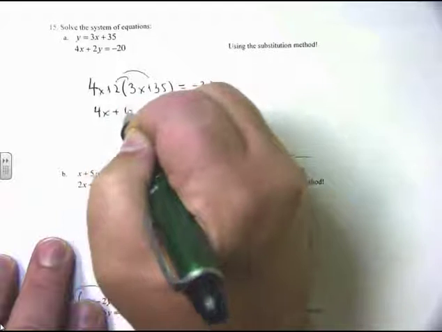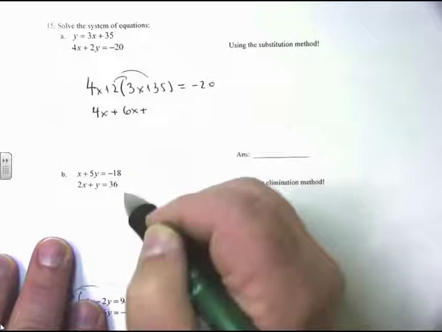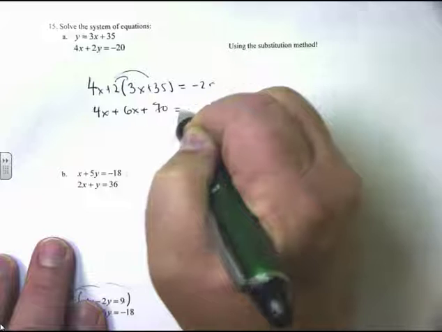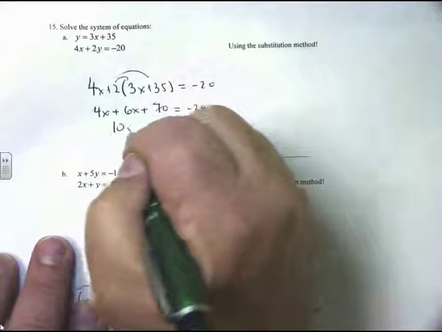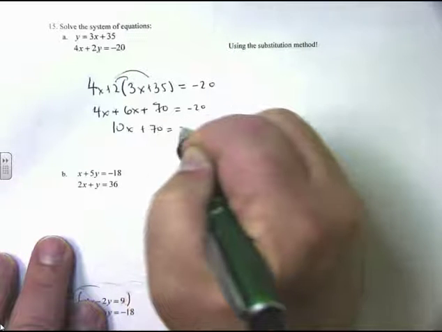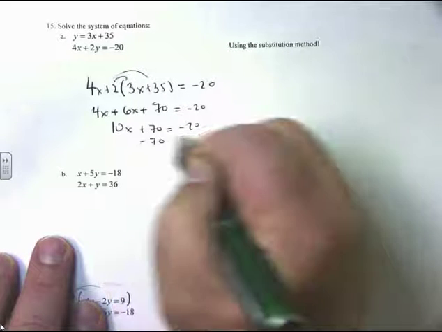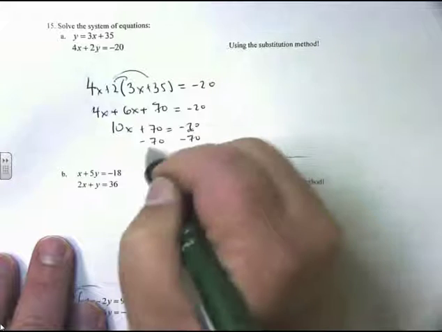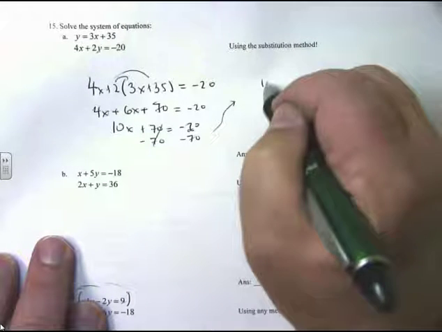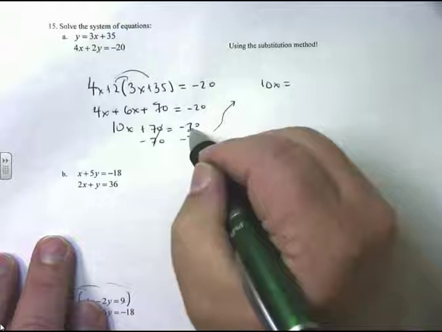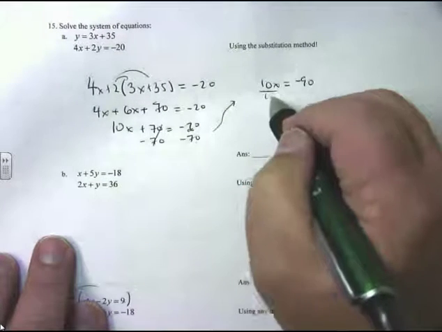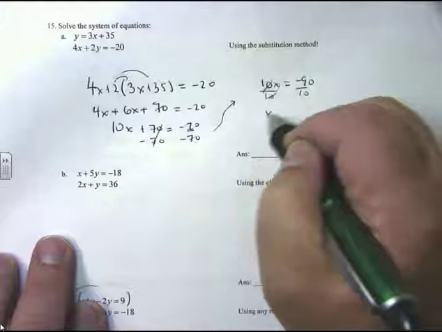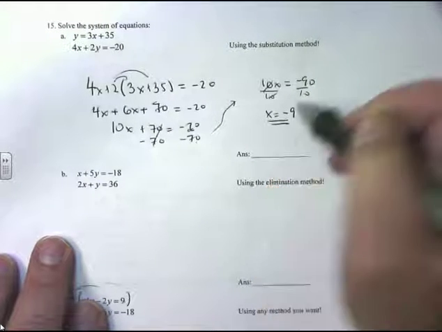I'm going to distribute: 4x minus 6x minus, and 2 times 35 is 70, equals negative 20. 4x minus 6x is combining like terms, negative 2x minus 70 equals negative 20.